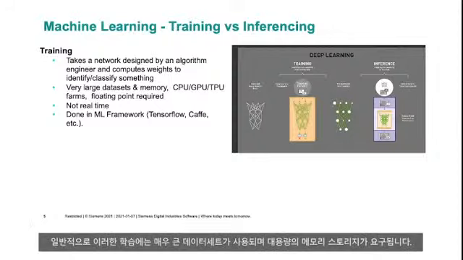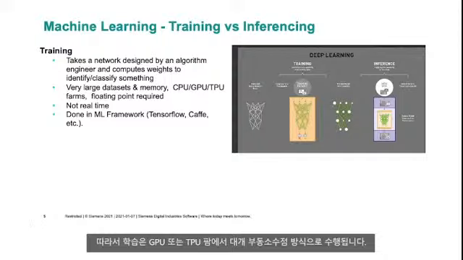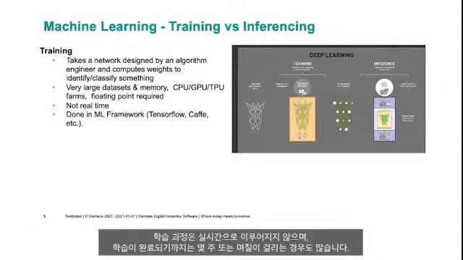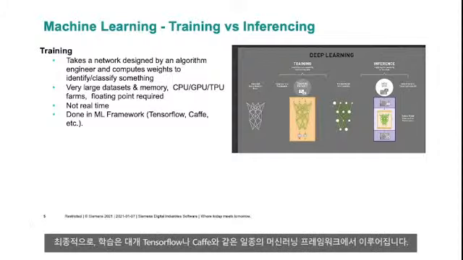Typically in training, we're talking about using very large data sets and large memory storage requirements, and the training is going to be done on a GPU or a TPU farm, and typically will be done in floating point. The process of training is not done in real time, and often training may take days, if not weeks, to complete. And lastly, training is usually done on some kind of machine learning framework, such as TensorFlow or Caffe.